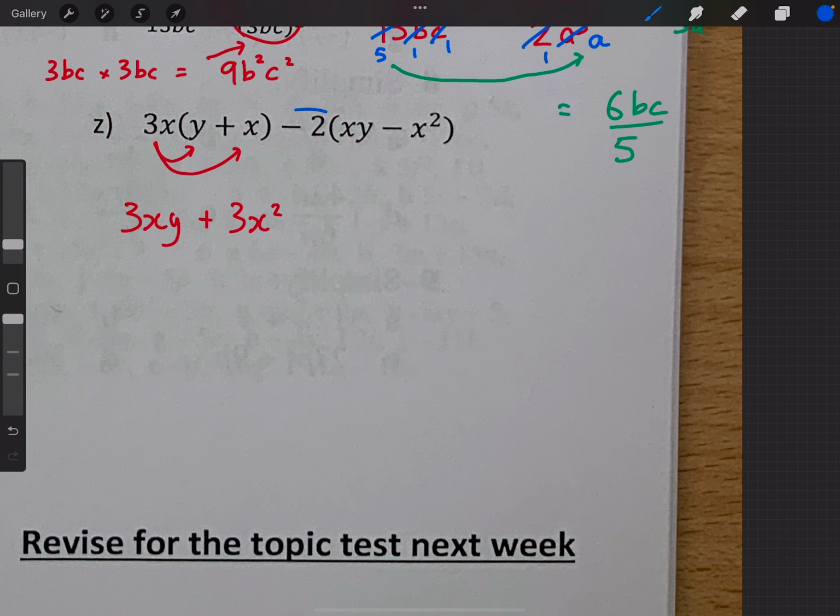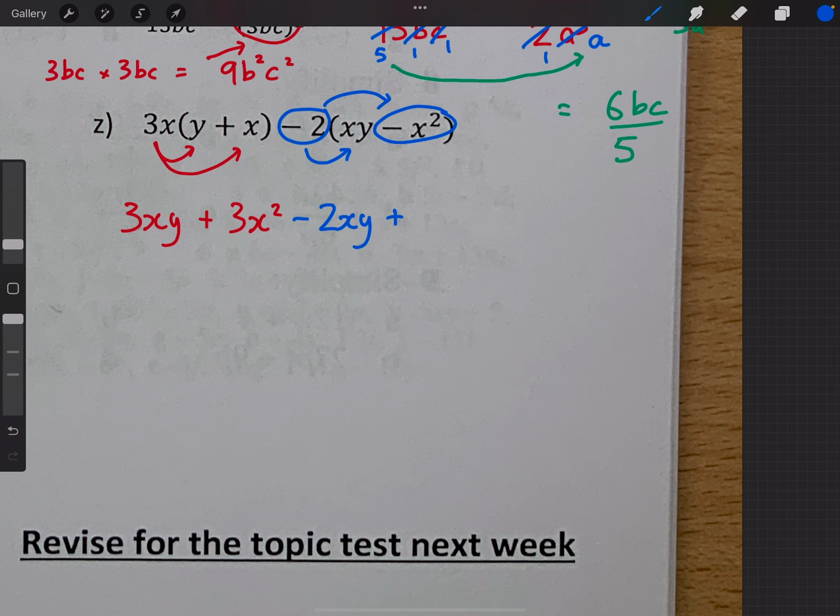So minus 2 times xy, that's minus 2xy. And then minus 2 times minus x squared. So that's minus times a minus is a plus. 2 times x squared is just 2x squared.